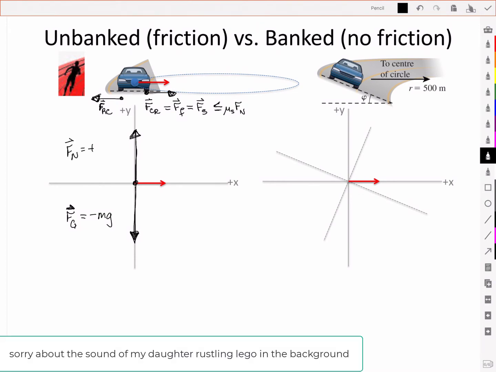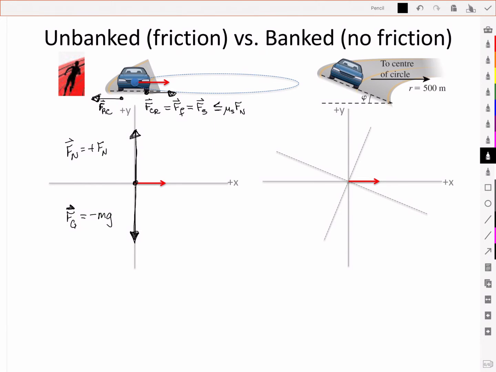It's in the positive direction, and it's got a magnitude Fn. And the final force we have is the one that we said is that static friction acting to give us our radial acceleration. And that means that it will provide a velocity v for a given radius of curvature r, and those are our three forces acting on us.